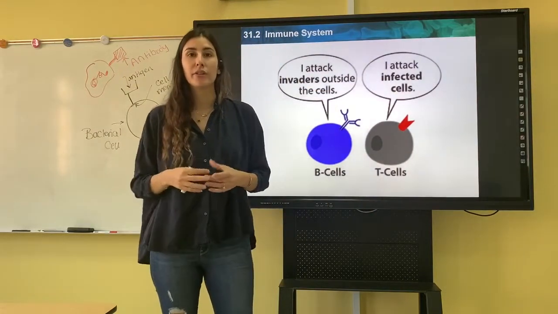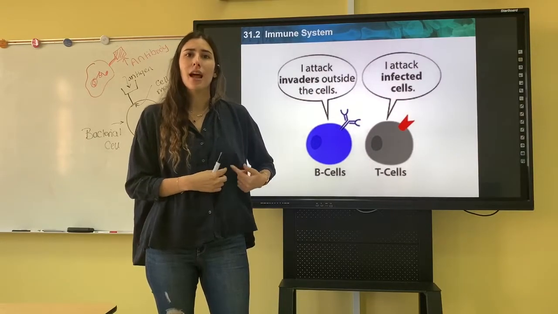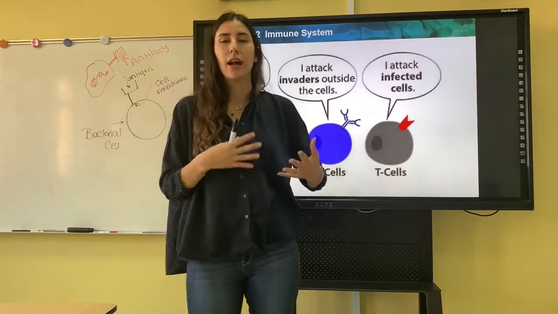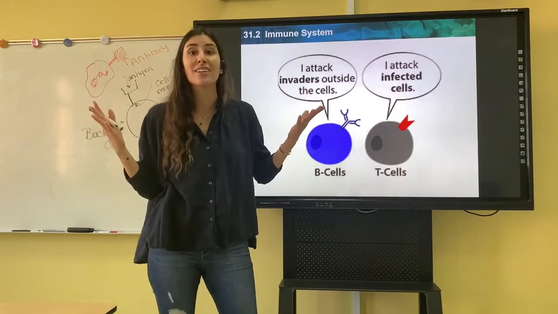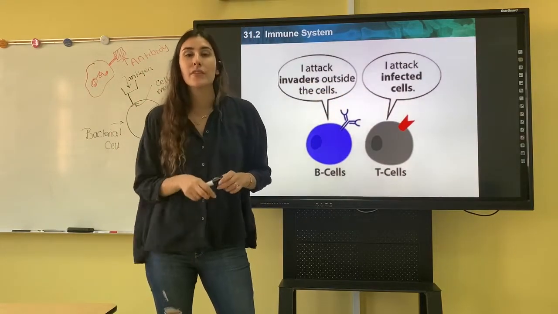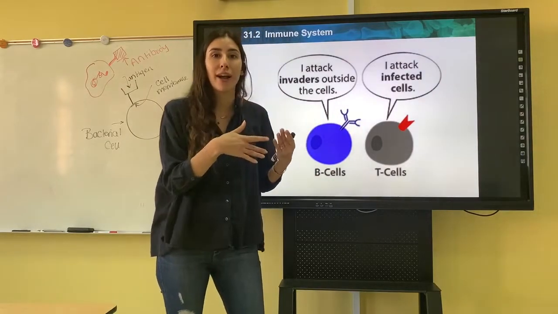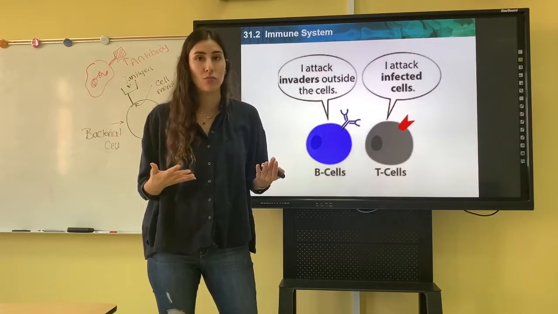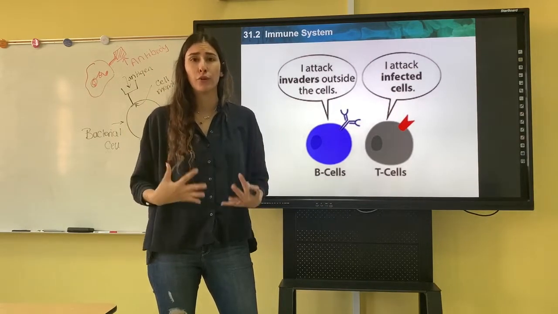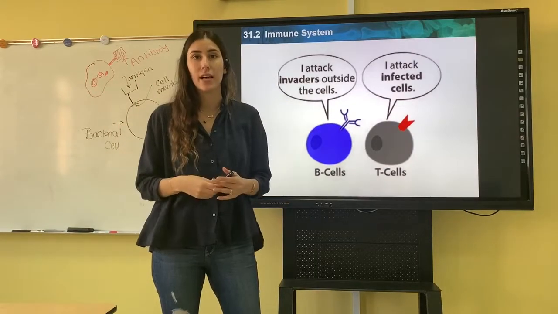Let's say the coronavirus got into some of your lung cells and started to populate in your lung cells. The T cells will come and destroy those damaged lung cells so that they don't keep dividing and making more and more damaged cells. You don't want that. That's how diseases spread and take over your body. You want to stop it so that you don't make more diseased cells, okay?